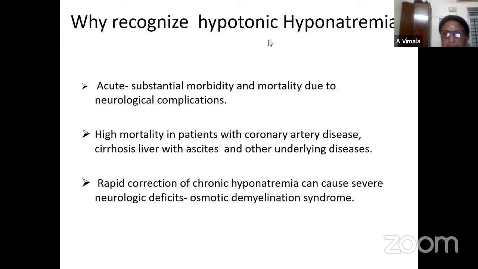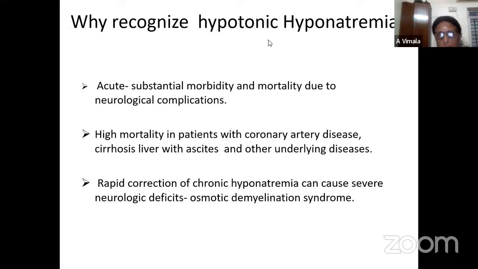We know that when a patient with some comorbid illness develops hyponatremia, it adds to morbidity and mortality. This is more so in patients with coronary artery disease, liver disease with ascites, and other underlying diseases, intracranial bleed or other neurological problems.